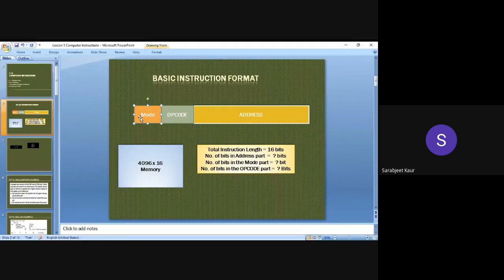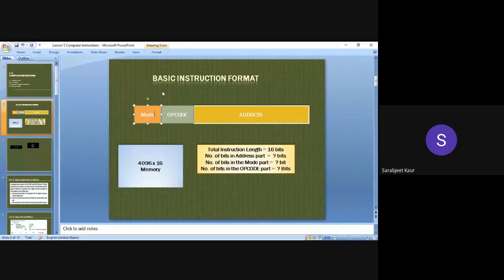But for the time being, just to make our basics clear, let us suppose that we are only using one bit as the mode bit. That means the highest order bit. What is the highest order bit in an instruction? It is the leftmost bit.